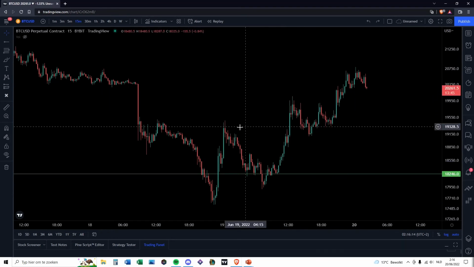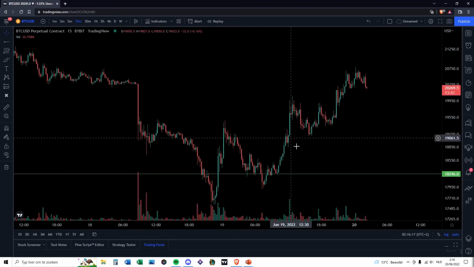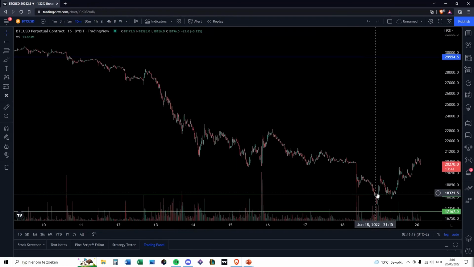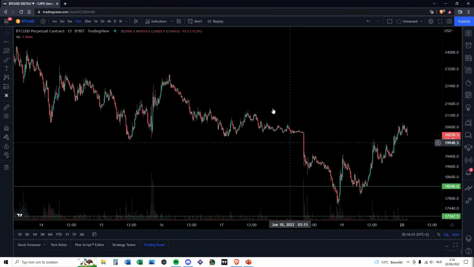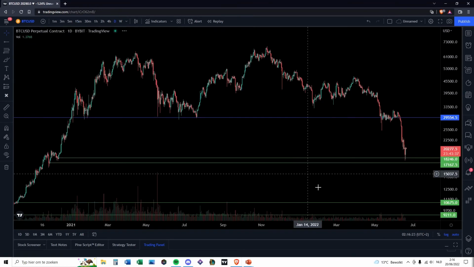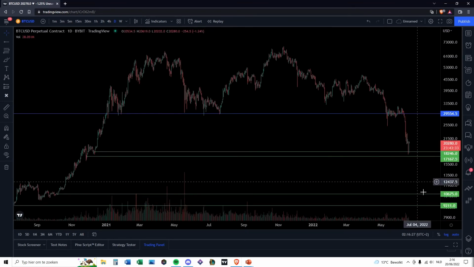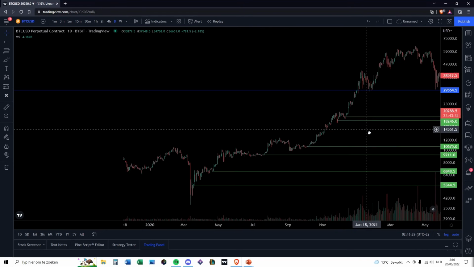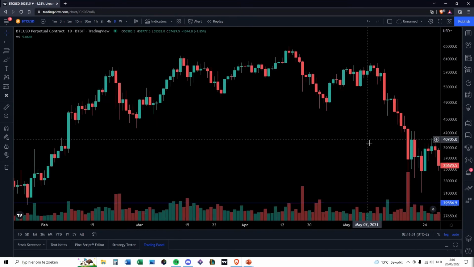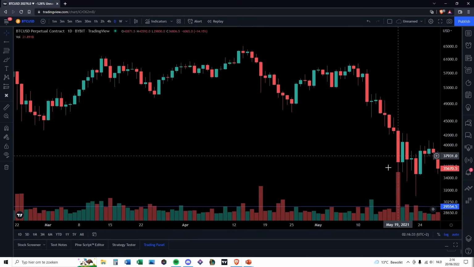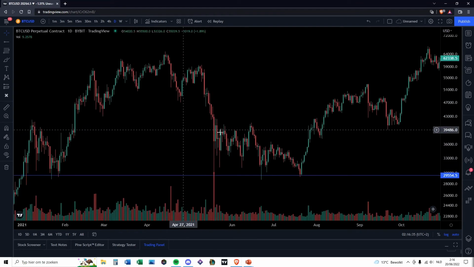So I always have volume here, but now I put it off because if it goes down really bad, sometimes the volume goes in, so I put it off.